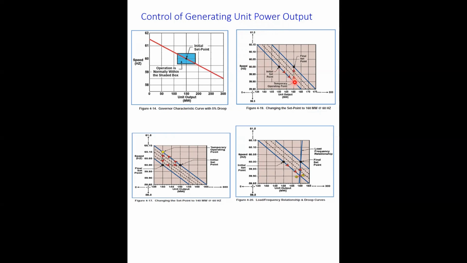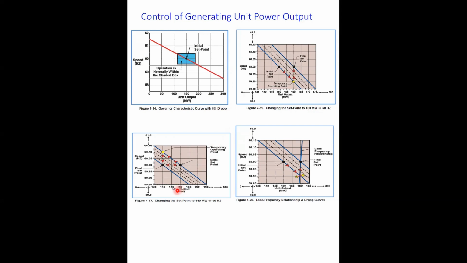So the operating point change was in this direction. This was the temporary operating point. And then with the correction, that is the regulation applied, the operating point will shift here with the output power of 160 and the frequency of 60 hertz here. So thus the characteristic shifts in this direction, then again goes back. So the change in the power up to 160 megawatt corresponding to 60 hertz is achievable here.